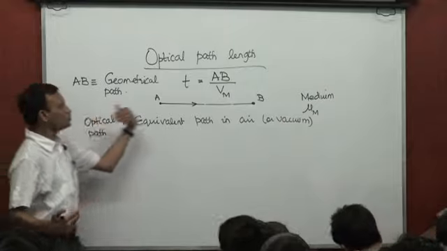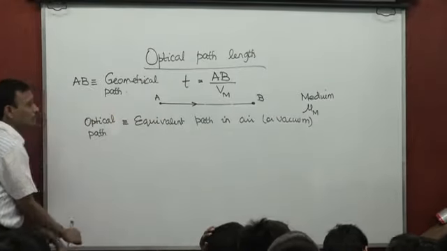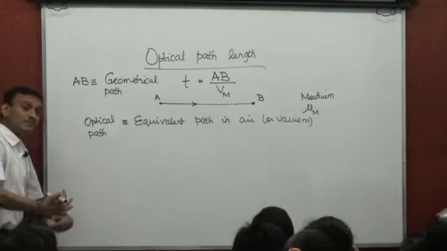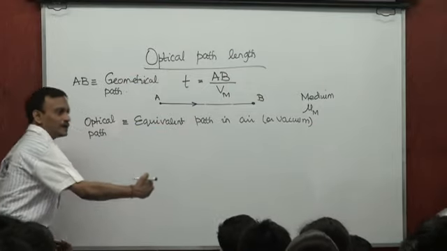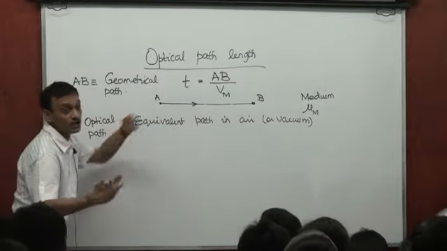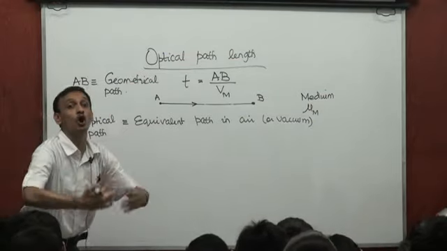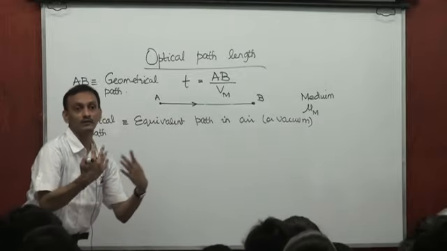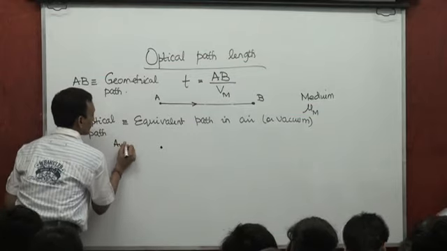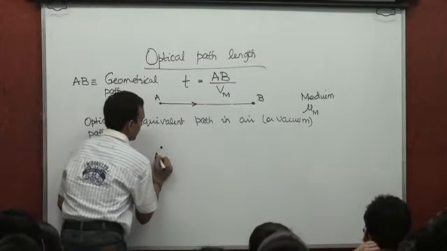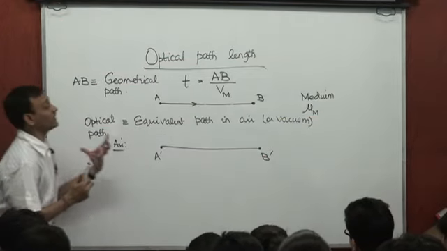That's the time taken, t, to traverse the geometrical length AB. In the same time t, the distance travelled by a ray of light in vacuum is said to be the equivalent optical path. That means in time t, it goes from A prime to B prime, where A prime B prime is the equivalent path in air.